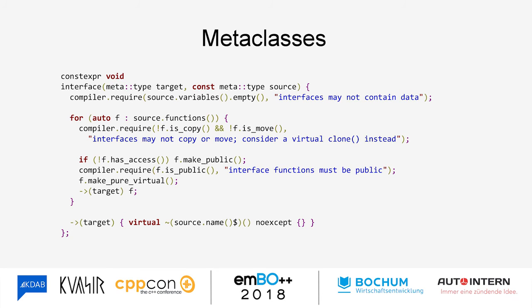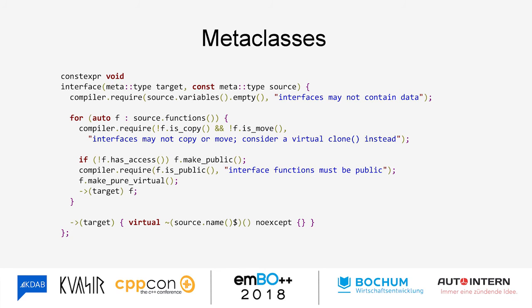So we have some nice diagnostics here. We're saying compiler.require. We're telling the compiler that this is some aspect of the class that we're mandating has to be there, or some kind of restriction on this source type.